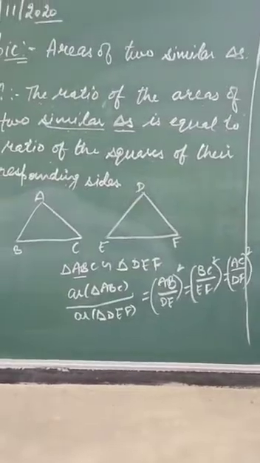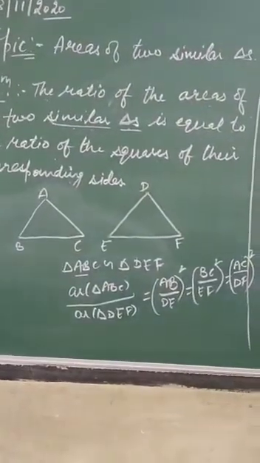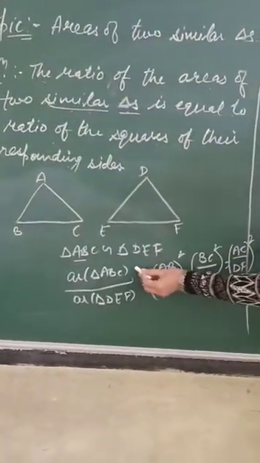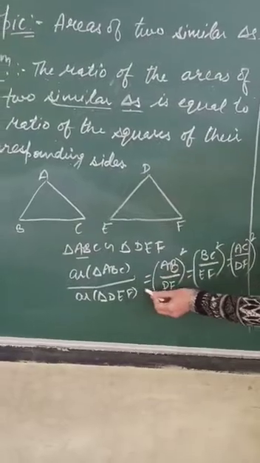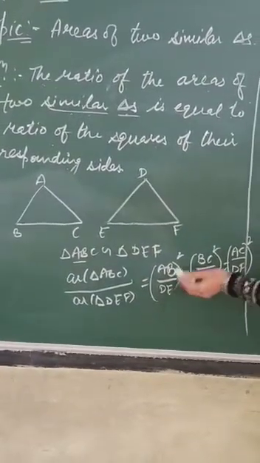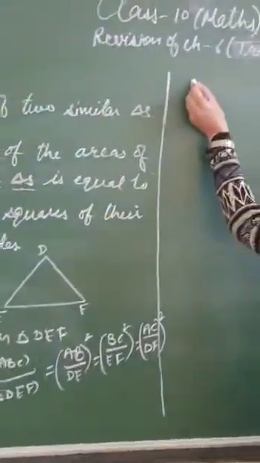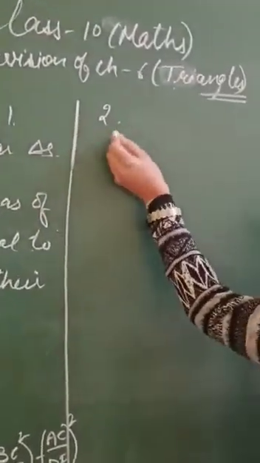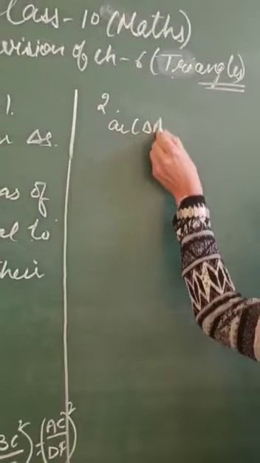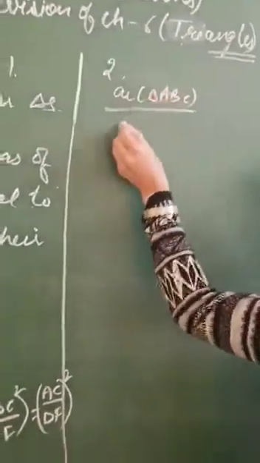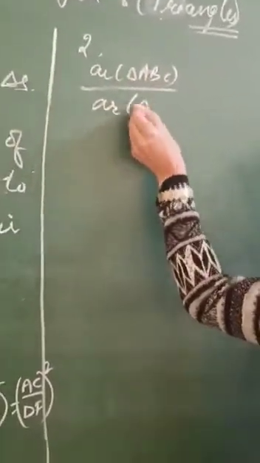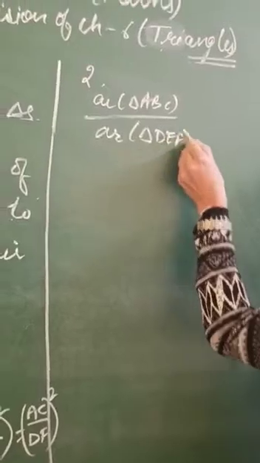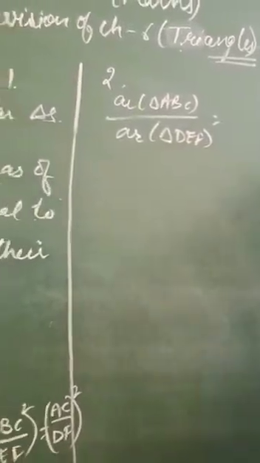Some more related concepts are there. The first is the ratio of areas equal to the ratio of the squares of corresponding sides. The second point is that the ratio of the areas of the triangles is also equal to the ratio of the squares of their corresponding altitudes.